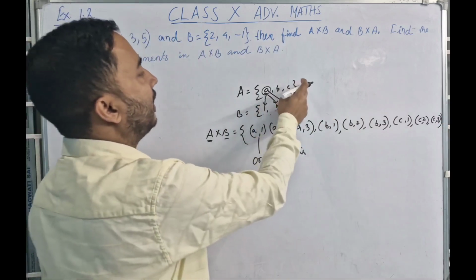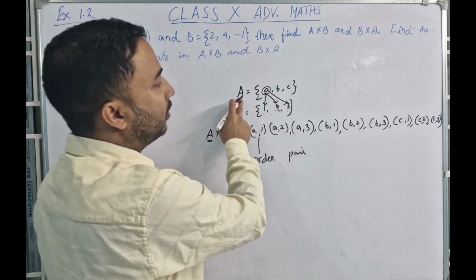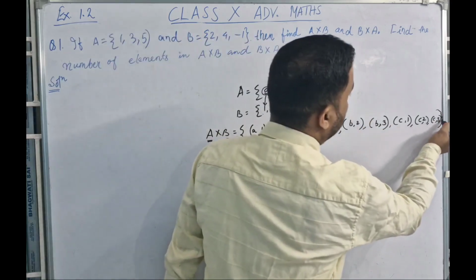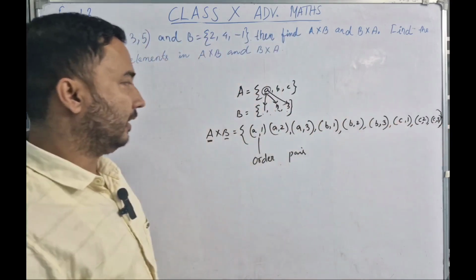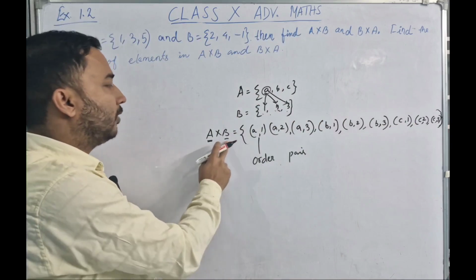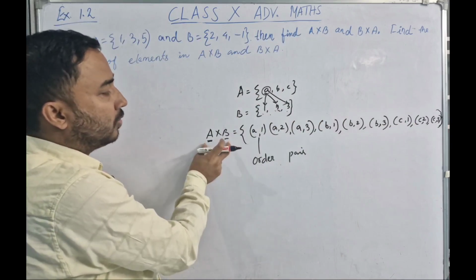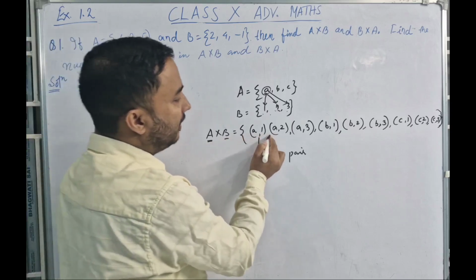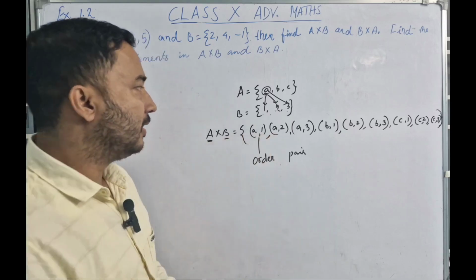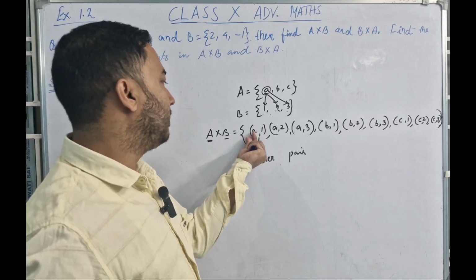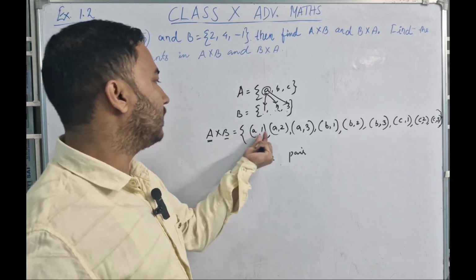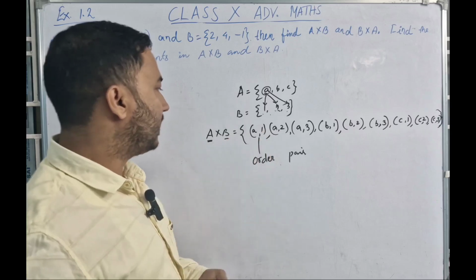After c, there is no other element in the set A, so we close the bracket and put the curly bracket again here. So this is A cross B. A cross B is also a set whose elements are ordered pairs, where the first component of the ordered pair comes from the first set and the second component comes from the second set.